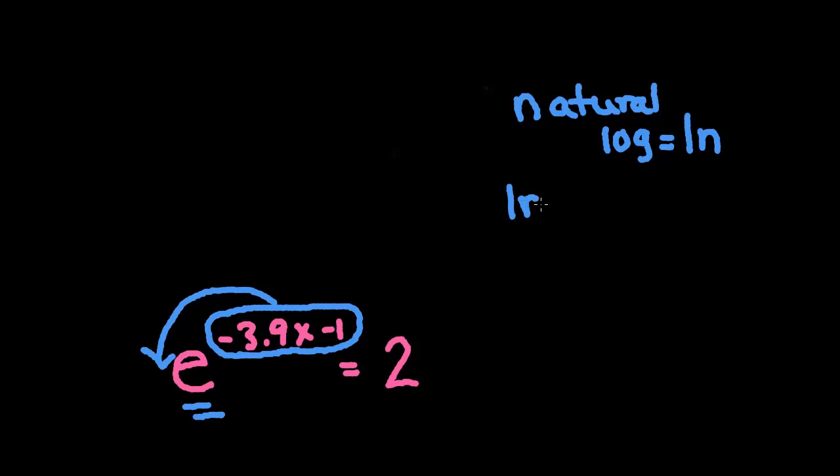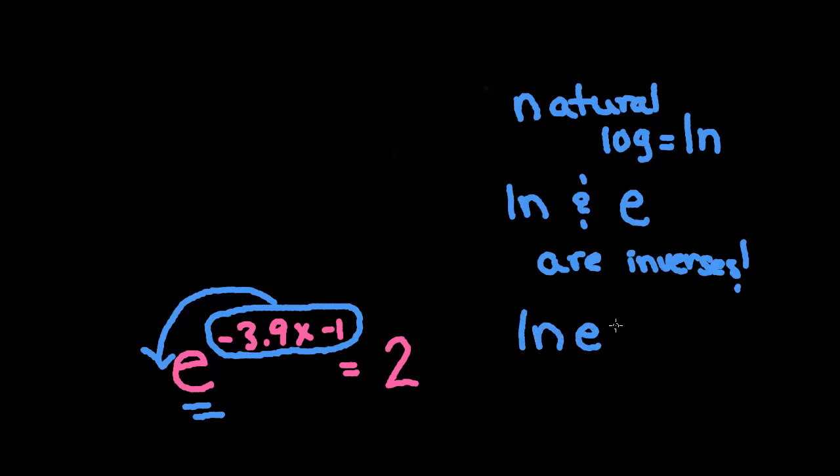And ln and e are inverses. So they undo each other. If I take the ln of e to a power, they cross each other off and I just get the power. Or if I have e to the ln of a number, the same thing happens. They cross each other off and I just get the number.